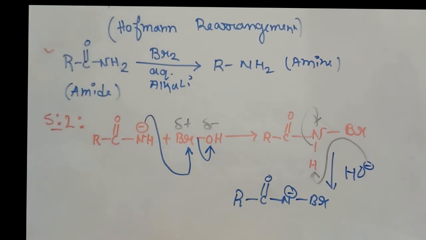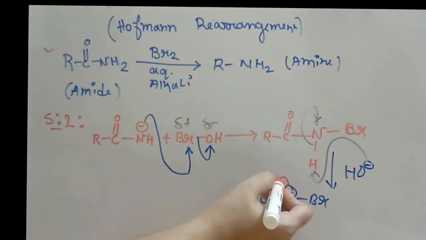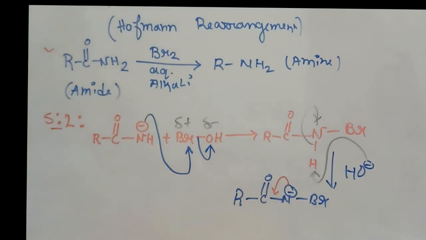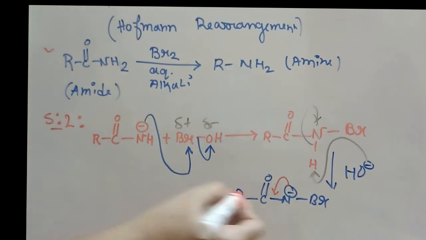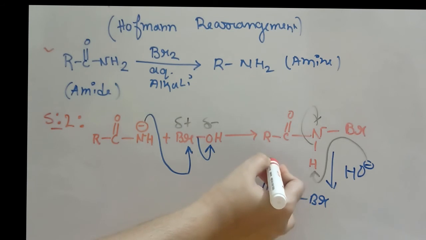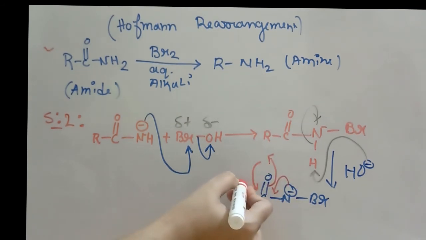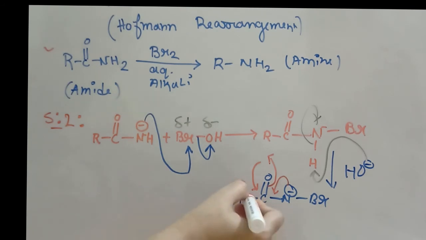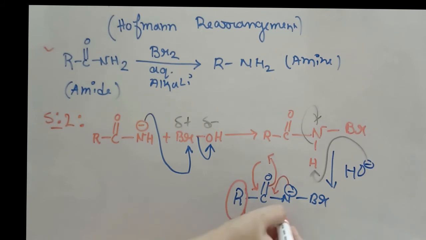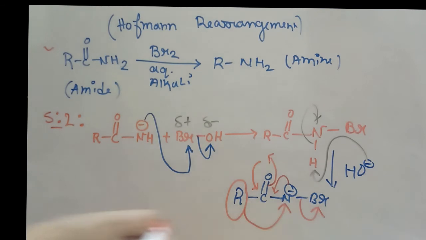Now the rearrangement actually happens. How? The negative charge comes towards the carbonyl because it is resonance stabilized. The carbonyl bond opens up, this bond closes again, and to manage the valency of the carbon atom, the group attached to the carbonyl carbon shifts towards nitrogen, and the bromine goes out of the substance.